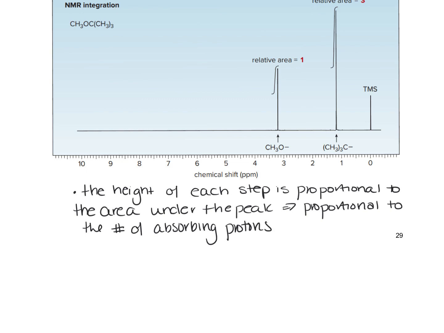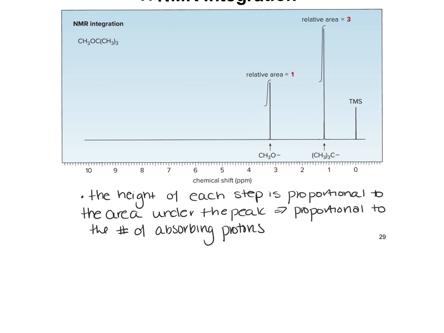So, modern NMR spectrometers will automatically calculate and plot the value of each integral in arbitrary units. Like here, we can see there's a 1 and a 3 kind of hidden up there. The ratio of integrals to one another gives us the ratio of absorbing protons in the spectrum.